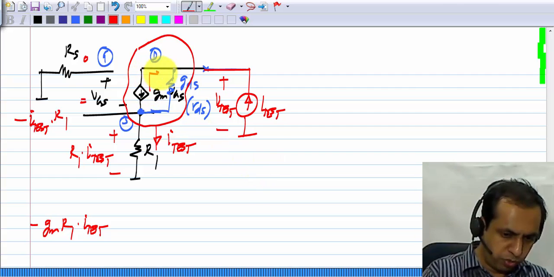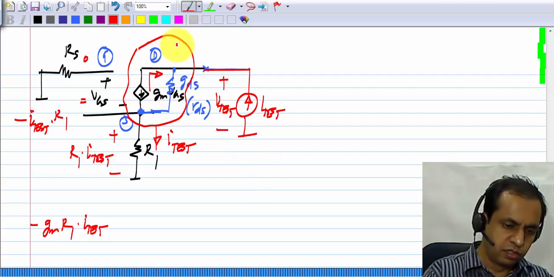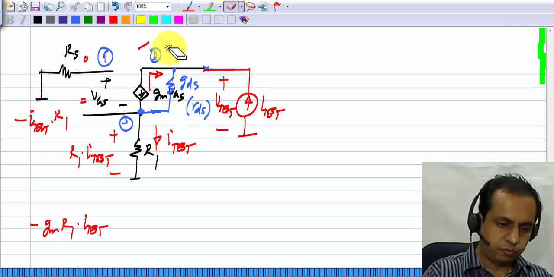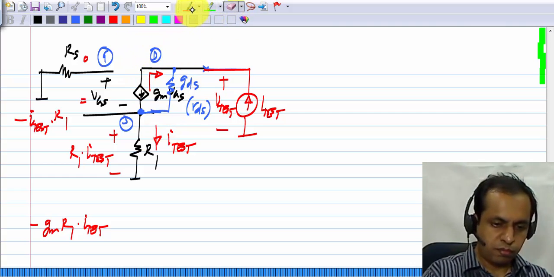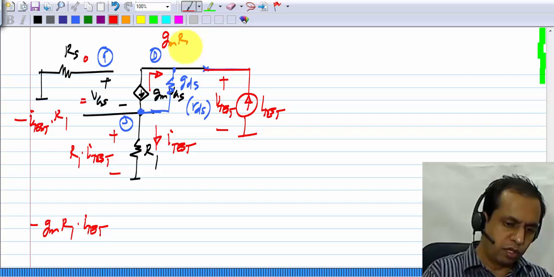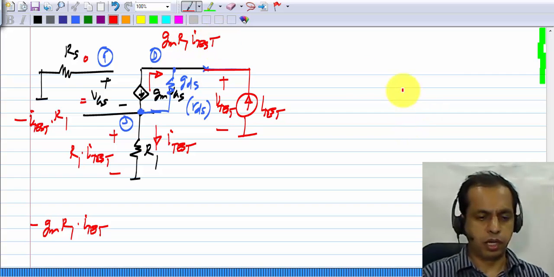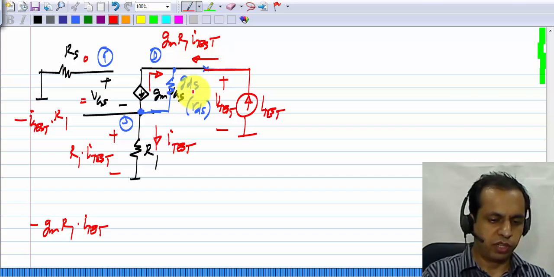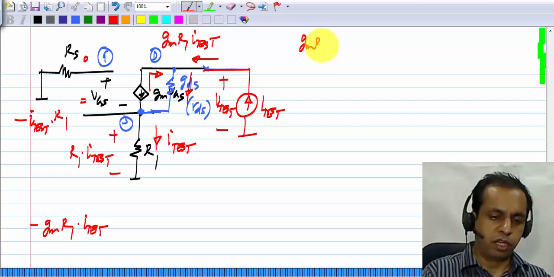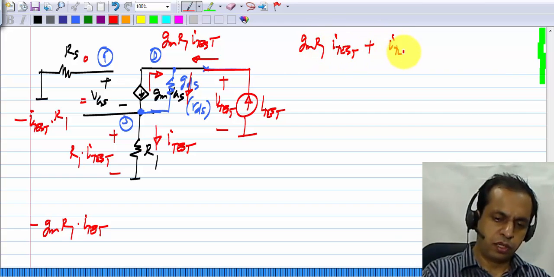So what is flowing upwards is GM R1 I test. Okay, and I test is flowing that way. Obviously the current through RDS will be GM R1 I test plus I test.